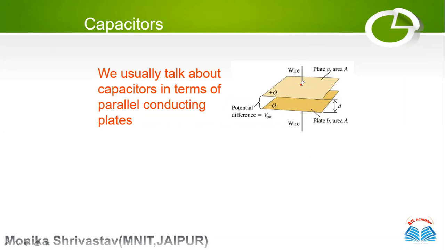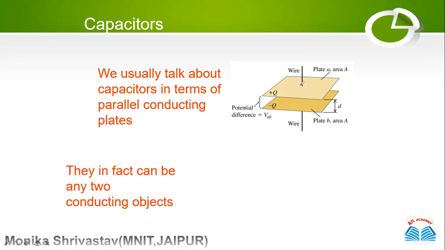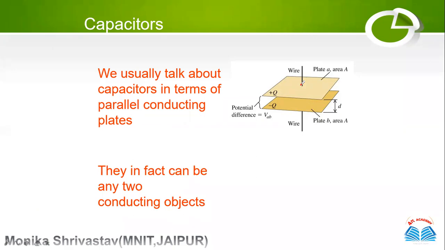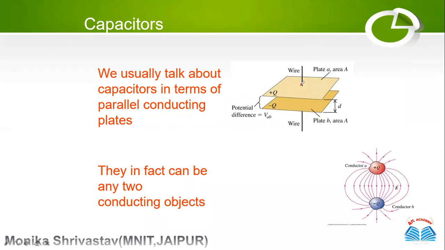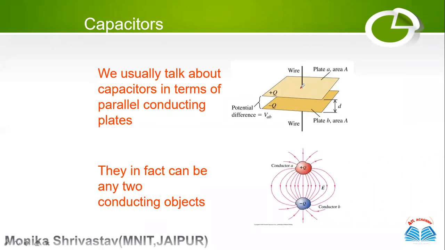They can in fact be any two conducting objects, as I told you. Conductor A may be one type of conductor and conductor B may be another type, so these plates may possess different area, or the same area, or be of different material.